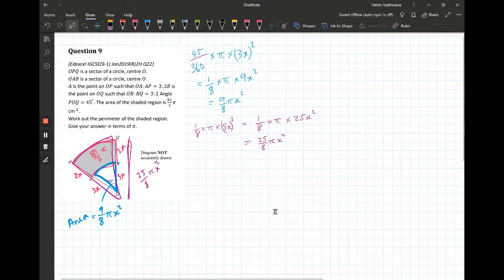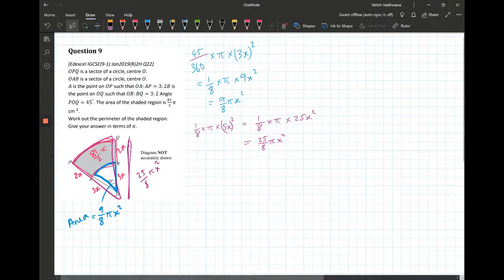Okay, so now you have been told that when you take away the blue area from the purple area, you're left with the pink area, which is given to you. The pink area is 81 over 2 pi centimeters squared. So then we can write that out.